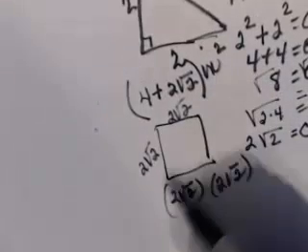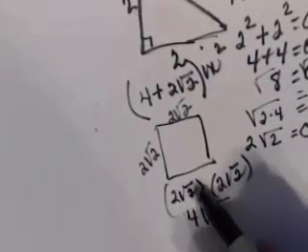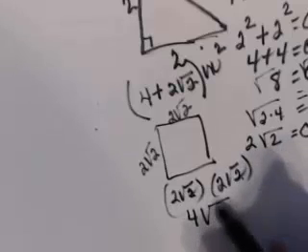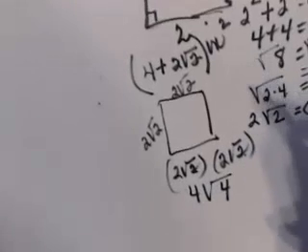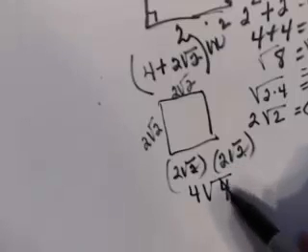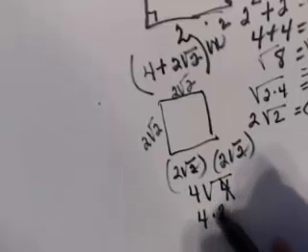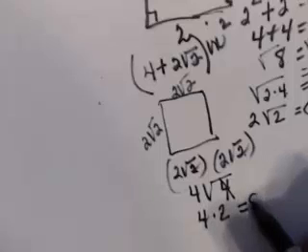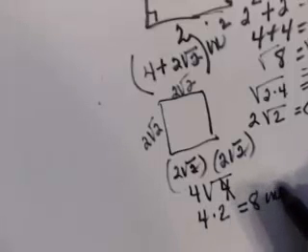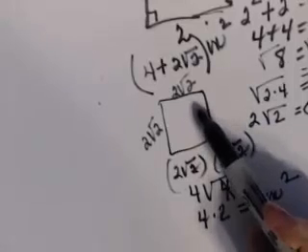Well, 2 times 2 is 4, and radical 2 times radical 2 is radical 4. The square root of 4 is 2. 4 times 2 is 8 inches squared.